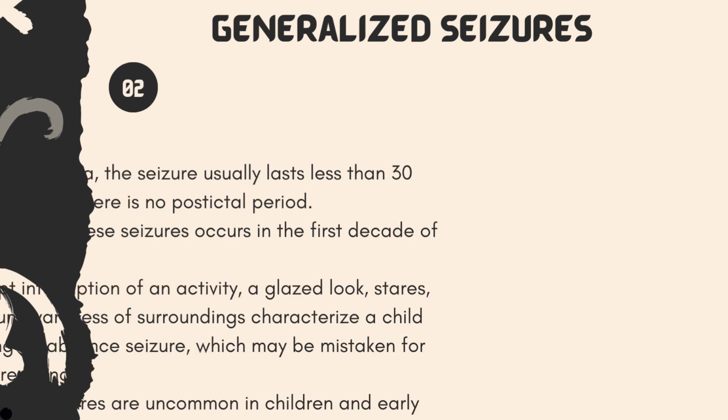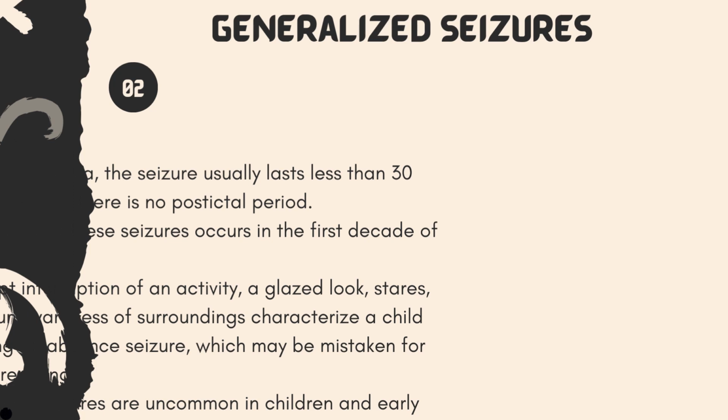A second type of generalized seizure, the absent seizure, is characterized by a momentary loss of awareness and the absence of motor activity except eye blinking or rolling. There is no aura, the seizure usually lasts less than 30 seconds, and there is no postictal period. The onset of these seizures occurs in the first decade of life.